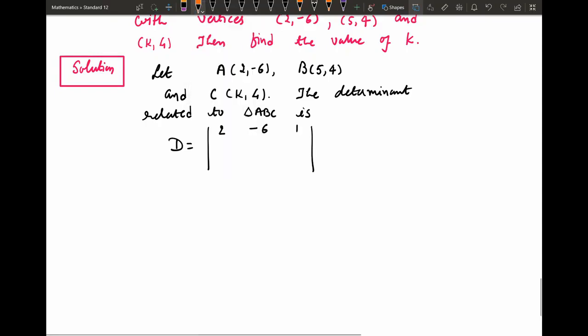We have taken the coordinates of A as x1 y1, B as x2 y2, and C as x3 y3. So 2 minus 6 1, 5 4 1, k 4 1.